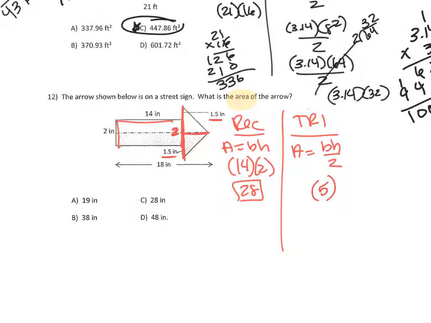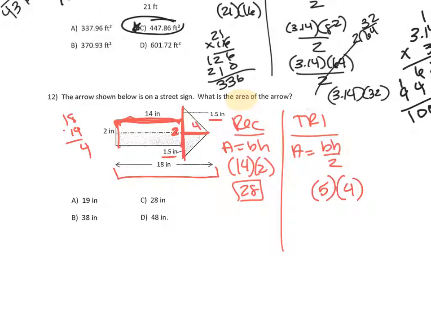And our height, we don't have a measurement for that, but we do have a measurement for the whole shape, and we have this piece of our arrow, what was our base for the rectangle. So I'm going to take 18 minus 14, and that will give me the rest of this piece, because it's got to all equal 18.